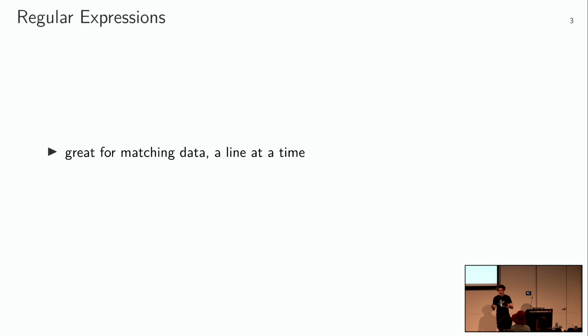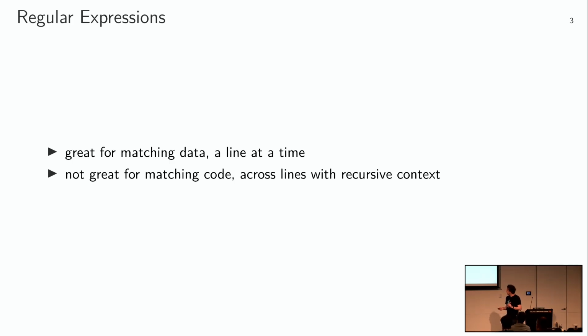The proper way of doing this stuff, however, is not to use 100 regular expressions on your code. The proper way of doing it is to use a proper parsing library, exactly the same sort of parsing library that your programming language has at the front of it. Regular expressions are great for matching a line and breaking it up into columns.